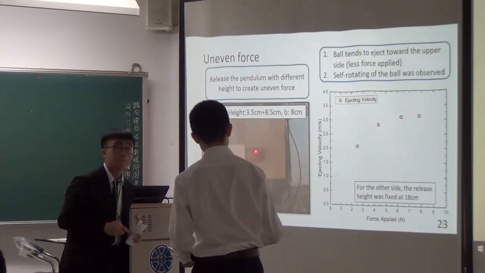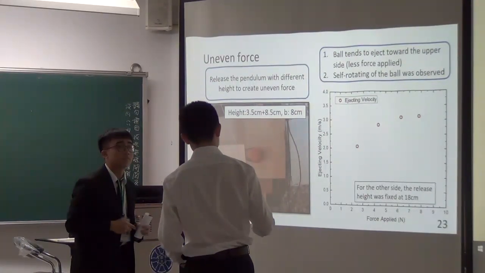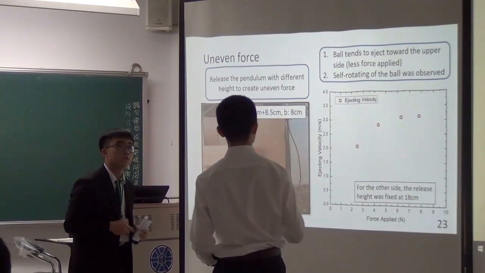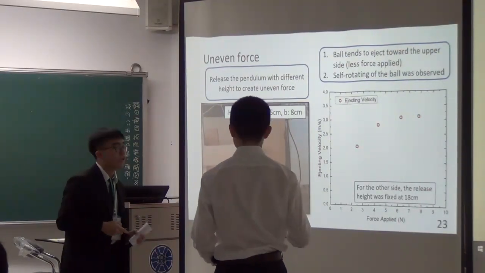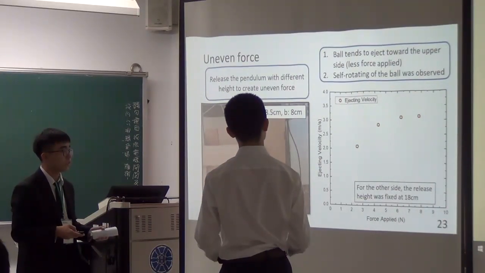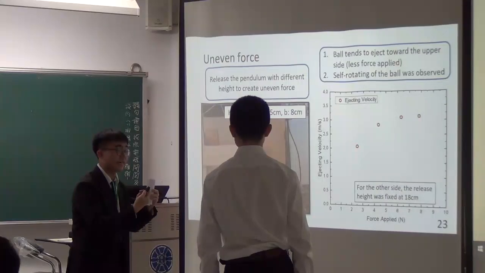So the ball will eject with self-rotation. So there will be rotating kinetic energy. Did you do some mathematical analysis in this part of the experiment? No, actually, this is an interesting phenomenon we want to share. So we didn't do further analysis on the rotating kinetic energy.